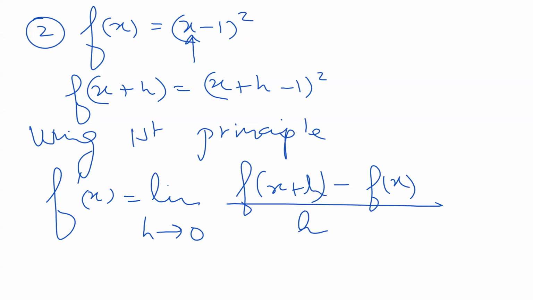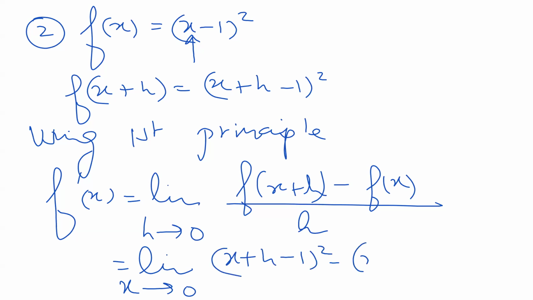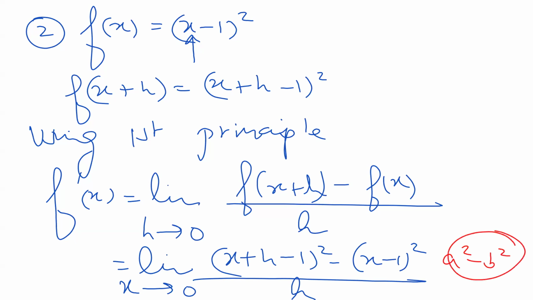Put the respective values. So f of x plus h is x plus h minus 1 the whole square. f of x is x minus 1 the whole square, upon h. Now in the numerator we can apply a square minus b square, that is a plus b into a minus b. So x plus h minus 1 is a, x minus 1 is b.